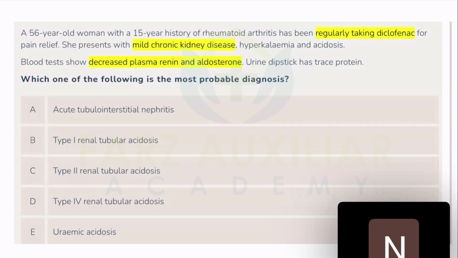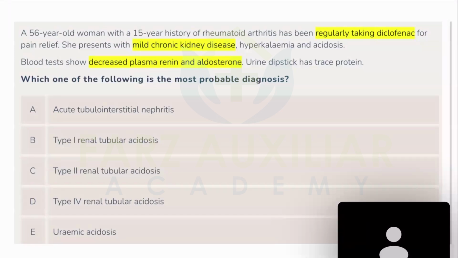So how to differentiate? Type 1 is the distal type of renal tubular acidosis, and type 2 is the proximal variant of renal tubular acidosis.